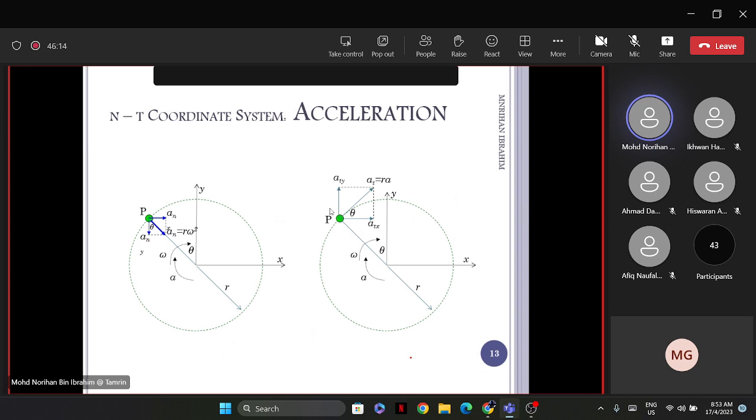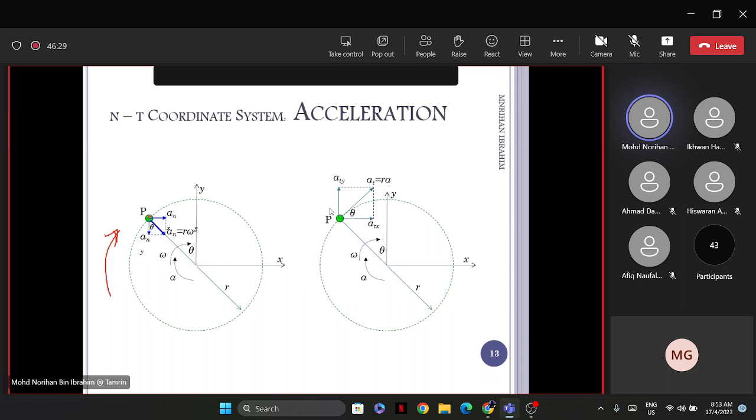Okay, the next is concerned about normal tangent coordinate system for the accelerations. If you look at these illustrations, we have a particle which moves according to a circular path of motion.